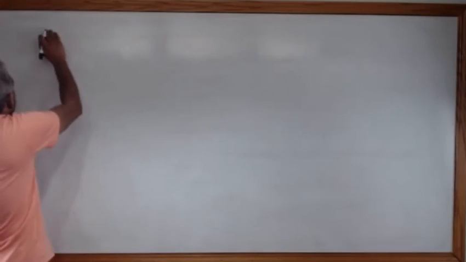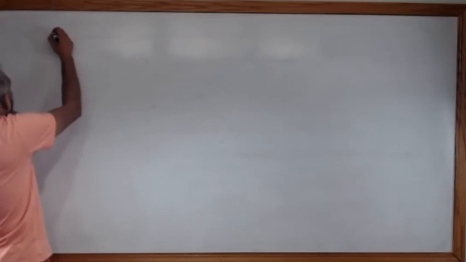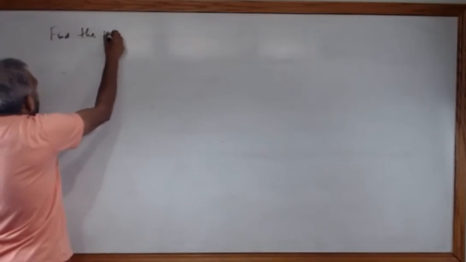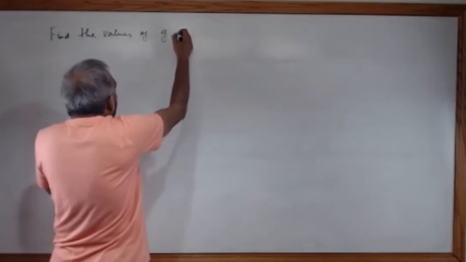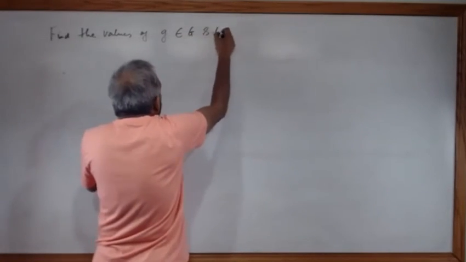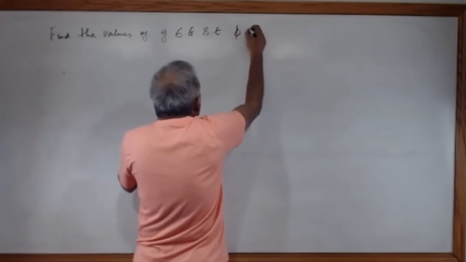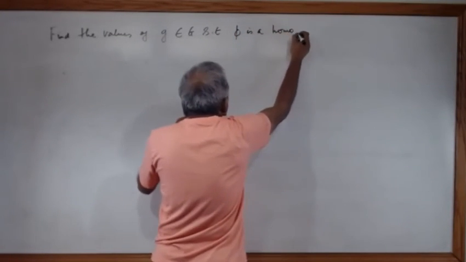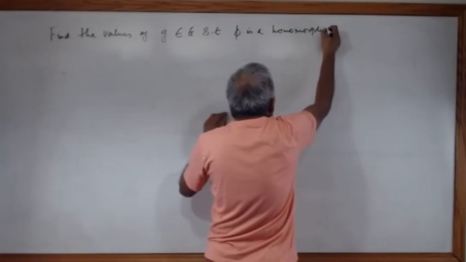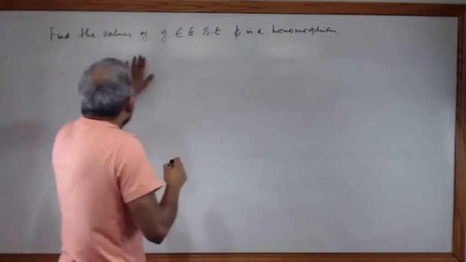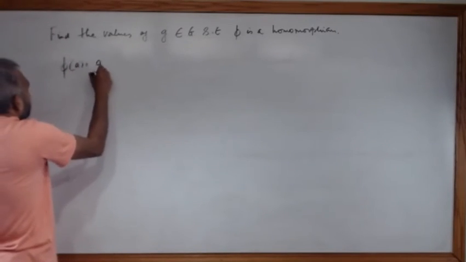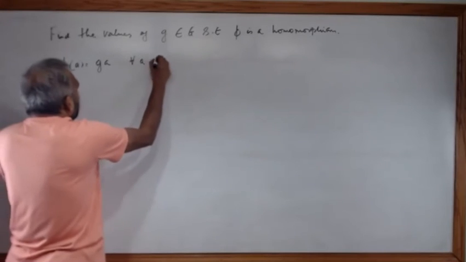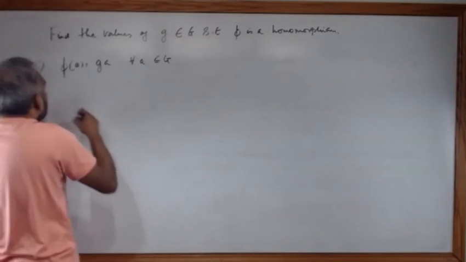Another problem. Find the values of g in G such that phi is a homomorphism. Phi of a is equal to g a for all a in G. That is one problem.